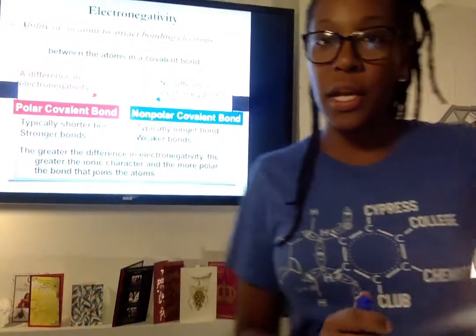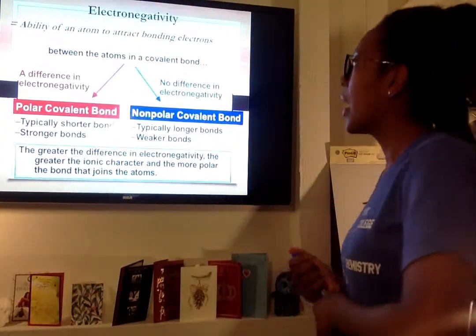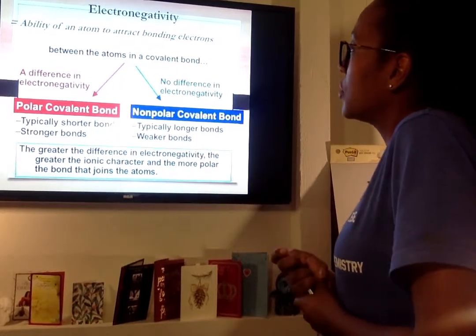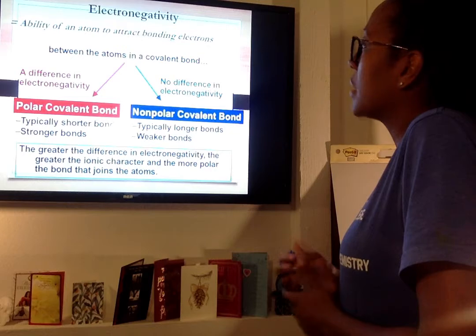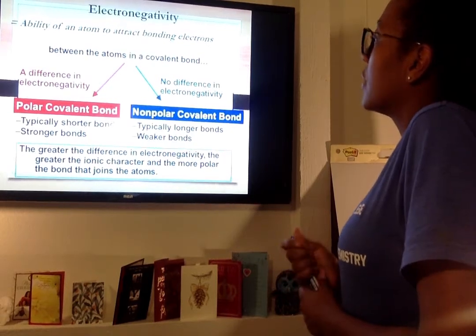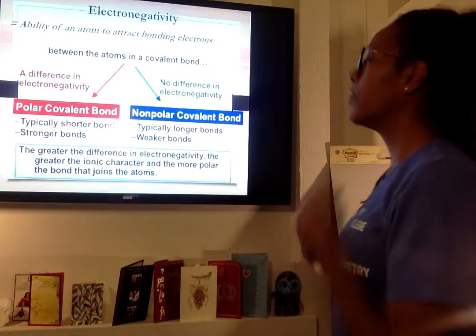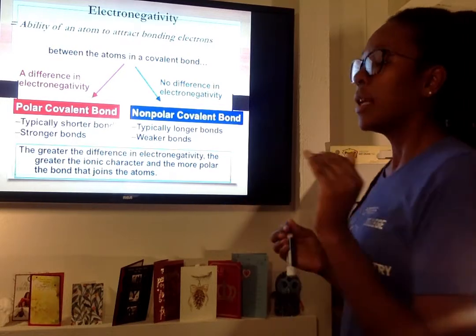Okay, so electronegativity: the ability of an atom to attract bonding electrons. Between the atoms in a covalent bond, you look at the difference in electronegativity.